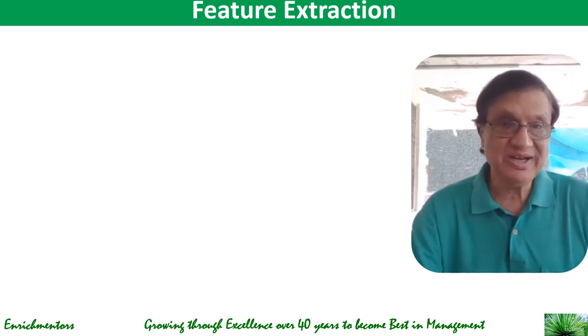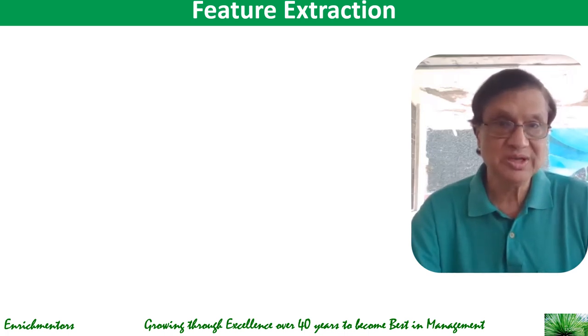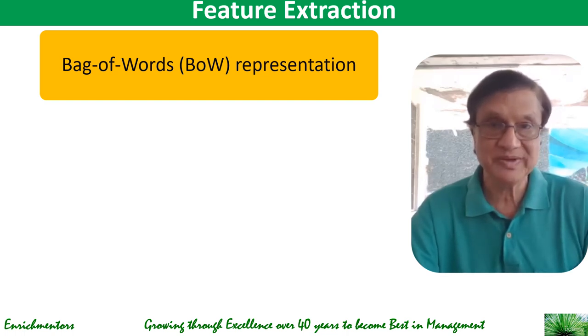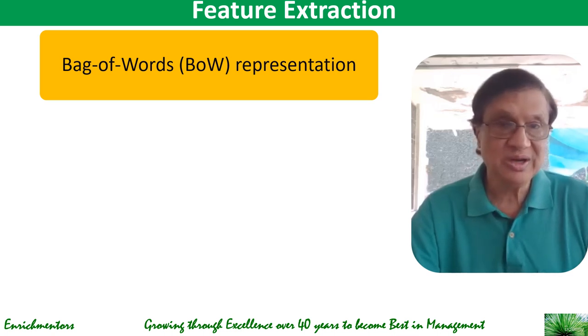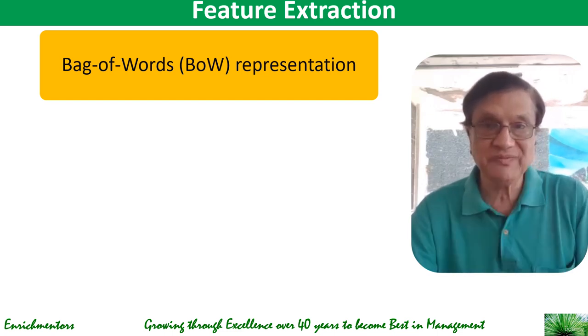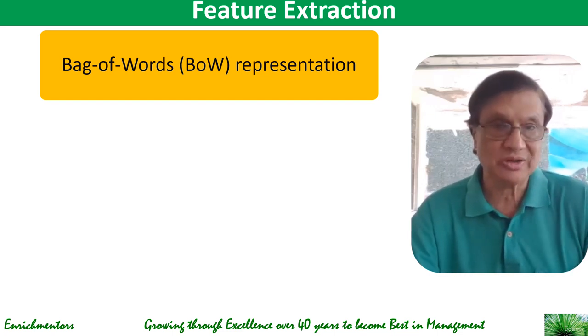Then they extracted features from the pre-processed text data. They converted text data into a numerical feature matrix where each row represented a document, a review, and each column represented a unique word in the vocabulary. This is what is called bag of words representation. The cell values represented the frequency of each word in the document.